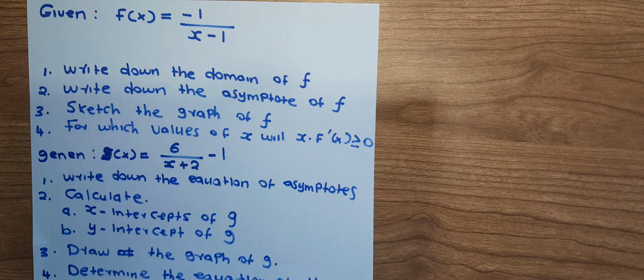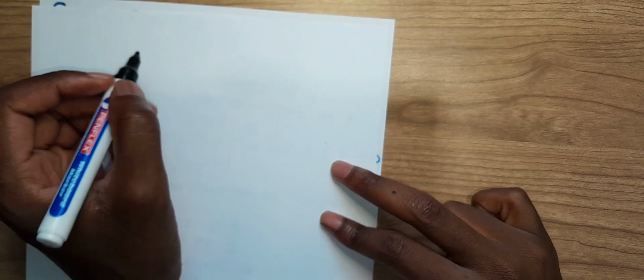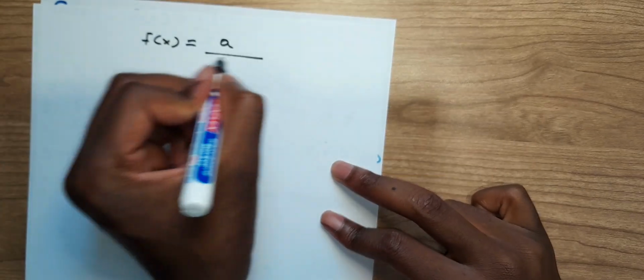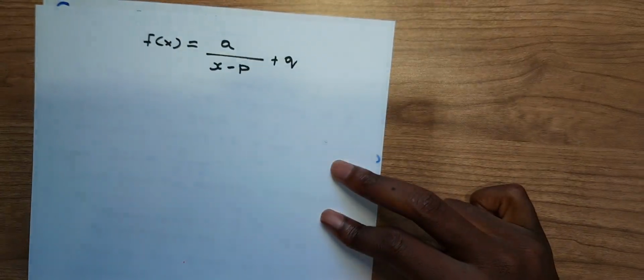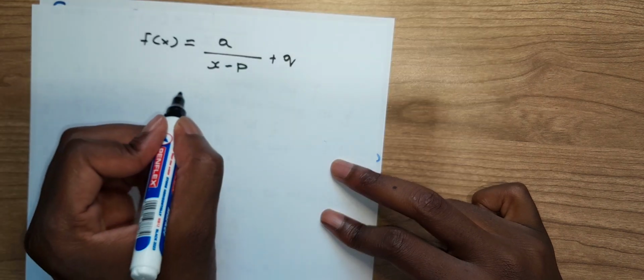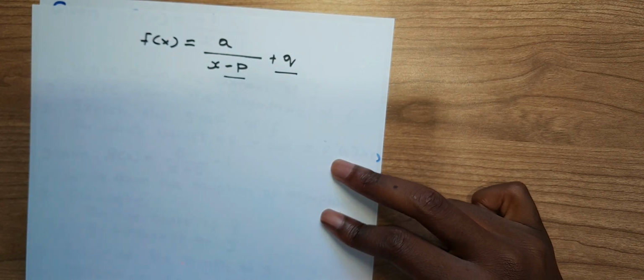Okay, now let's start with this equation. Let's say you're given the function f(x) = a/(x - p) + q. So what is actually happening? These negative p and q are the asymptotes, right? Let me just check.